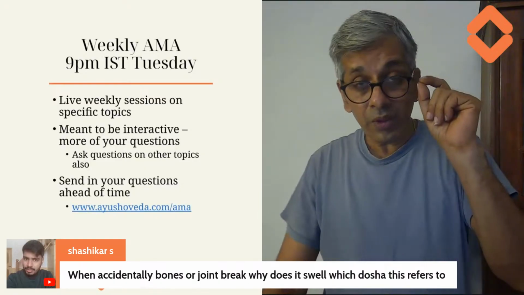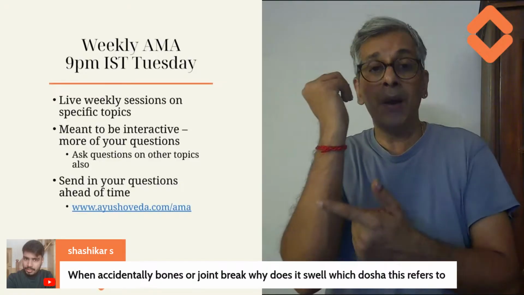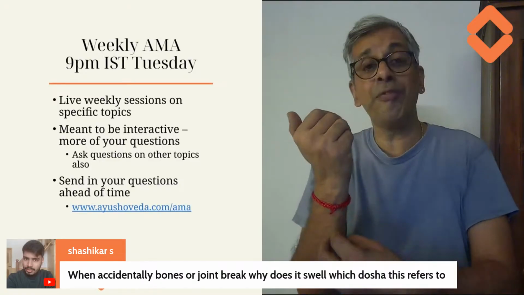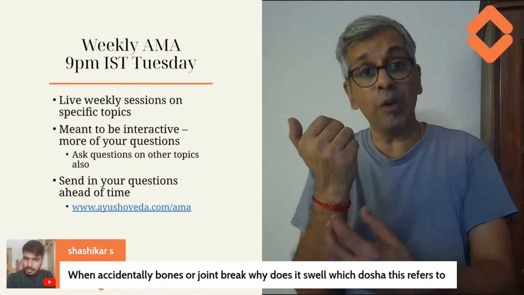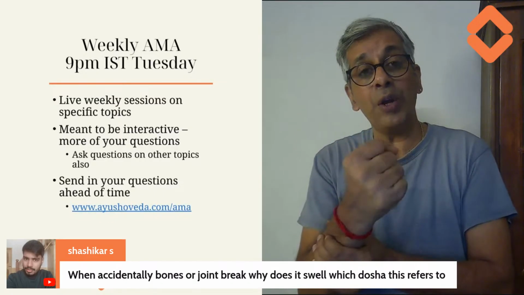And you have noticed that mostly when your bone breaks, very rarely do you get swelling. If the marrow doesn't leak out, you will not get swelling. You will feel pain when that joint moves.